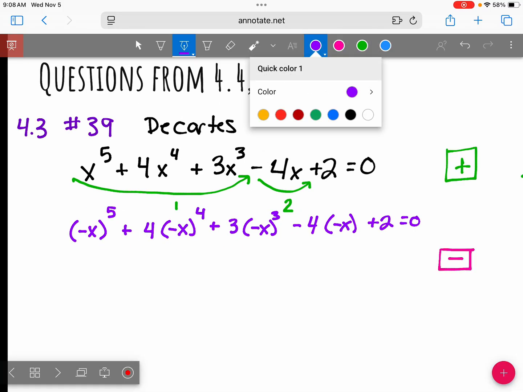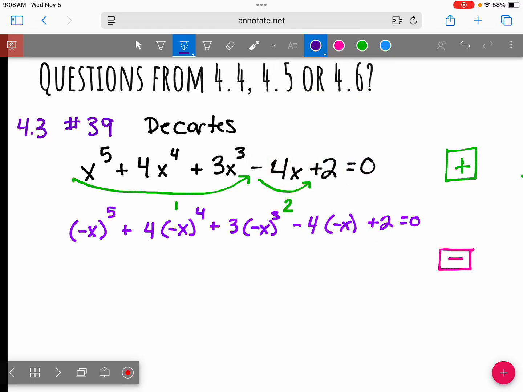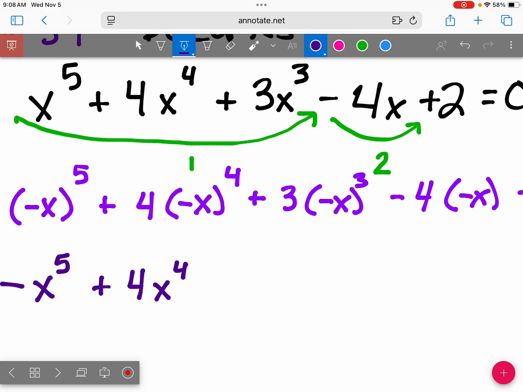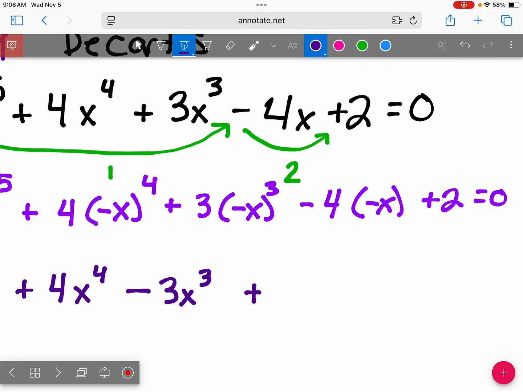So this polynomial simplifies to minus x to the 5th plus 4x to the 4th minus 3x cubed plus 4x plus 2.